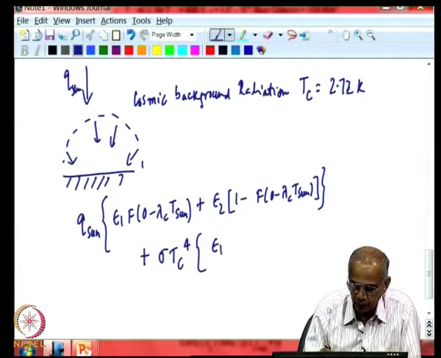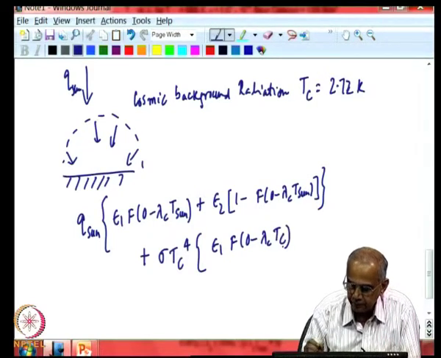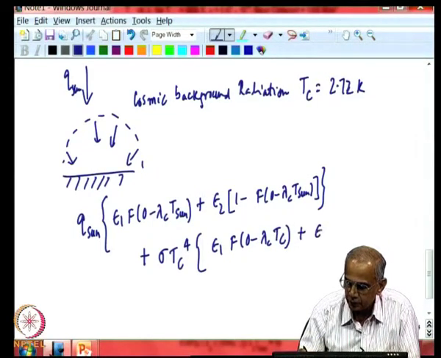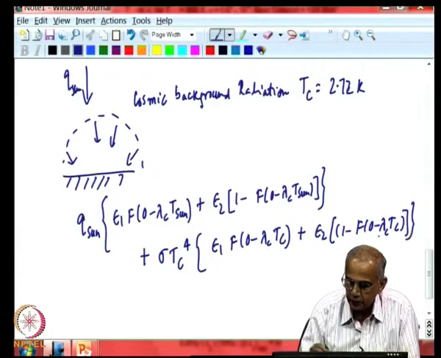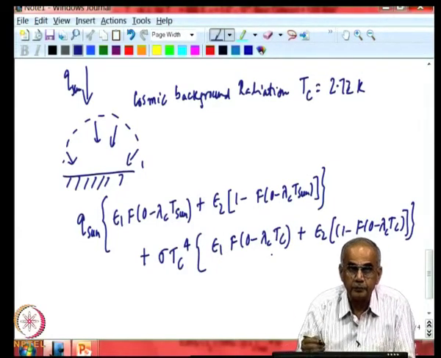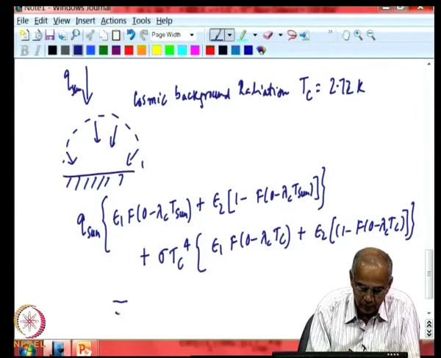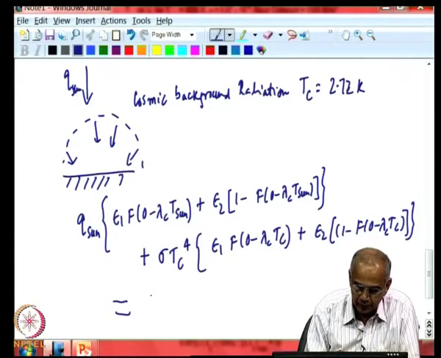Here it will be epsilon 1 f 0 to lambda c T cosmic plus epsilon 2 into 1 minus f 0 to lambda c T cosmic. These are the two terms of the incoming radiation absorbed by the surface. This has to equal the emission.